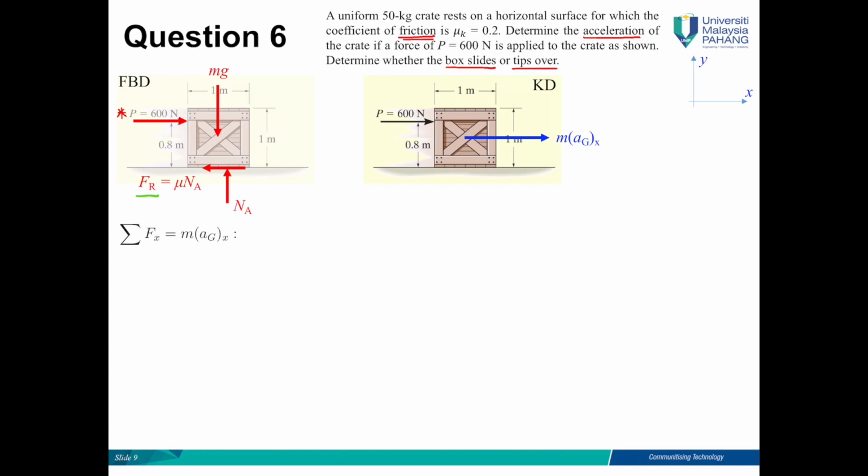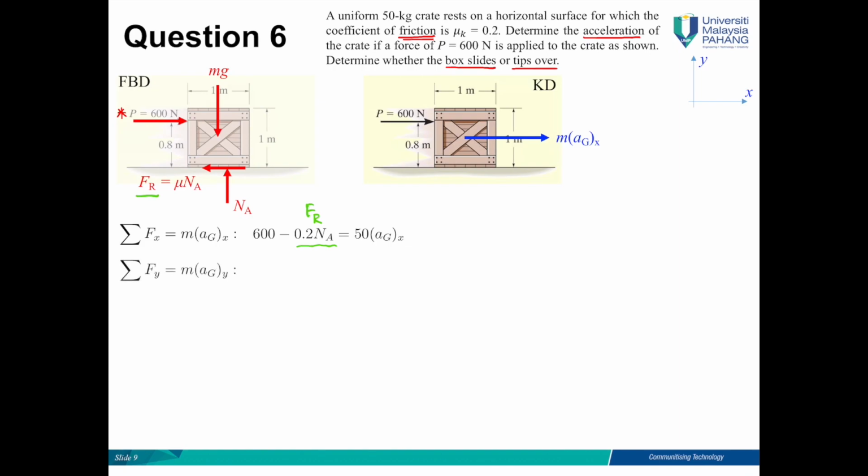Okay, so we move on with the first equation. Sum of Fx equals m agx. So we have 600 Newton minus 0.2 Na, which comes from the Fr, the friction force, equal to 50 agx.